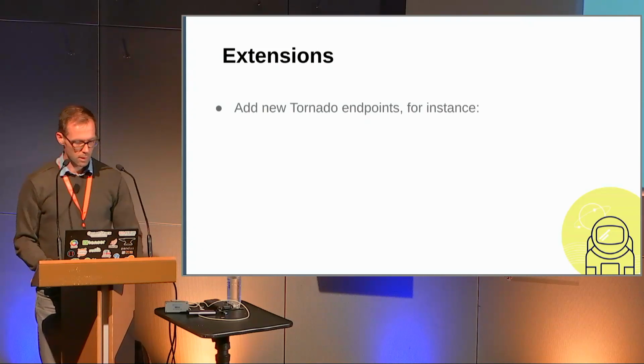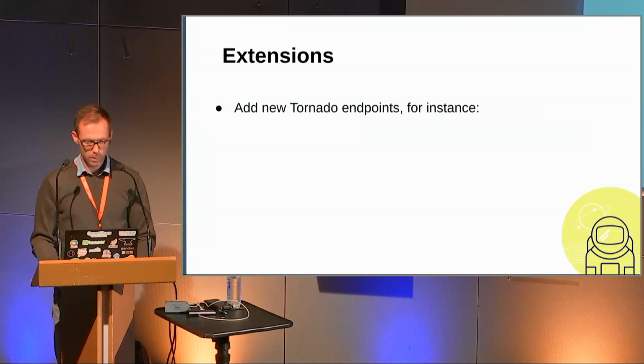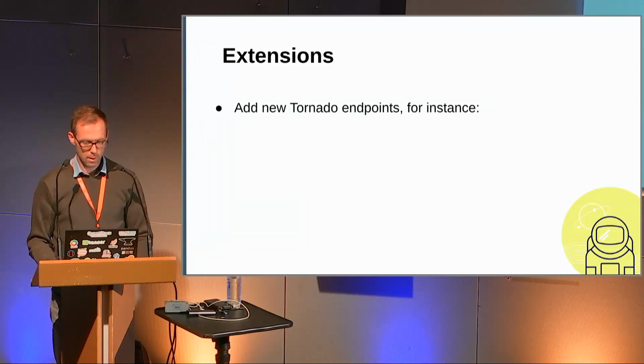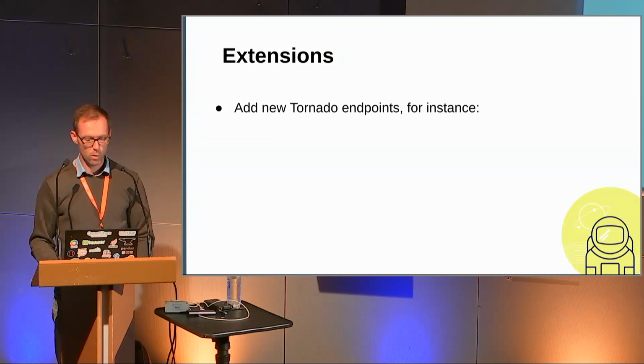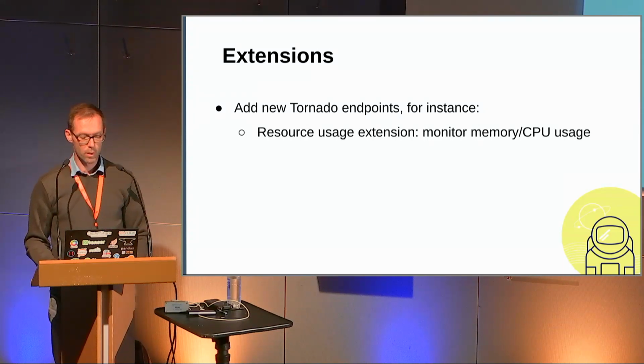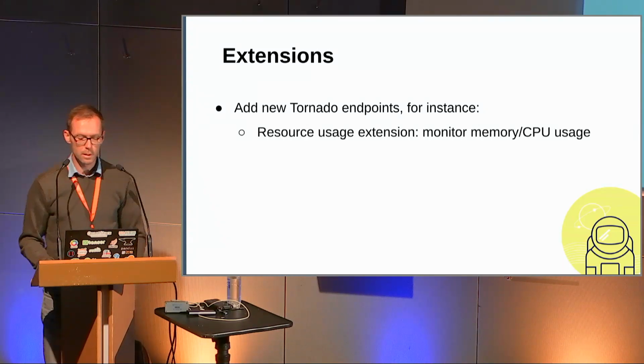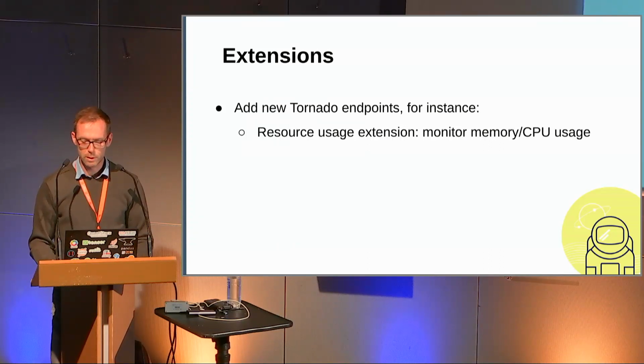So extensions, we talked about it. These are Tornado extensions because Jupyter Server is based on Tornado. There are two extension mechanisms. One is for adding endpoints, just like I showed. For example, the resource usage extension is the popular extension for monitoring memory and CPU usage on the server.